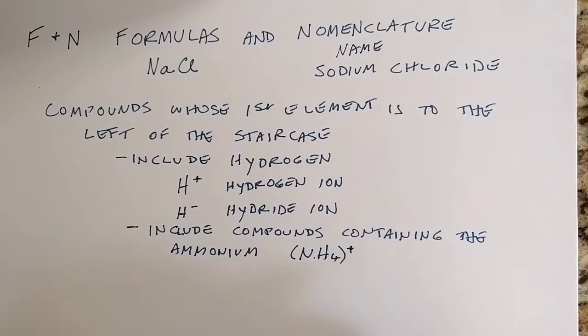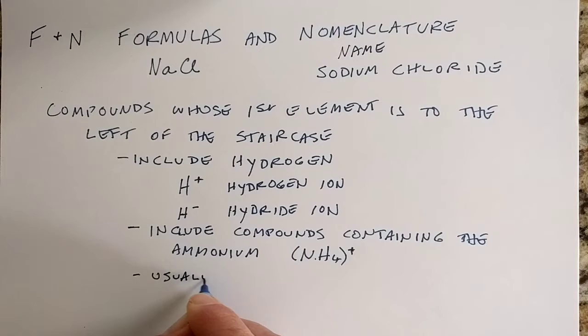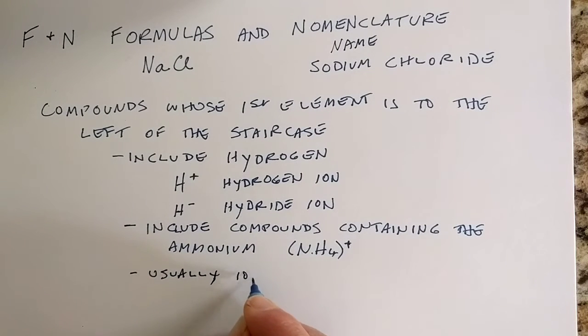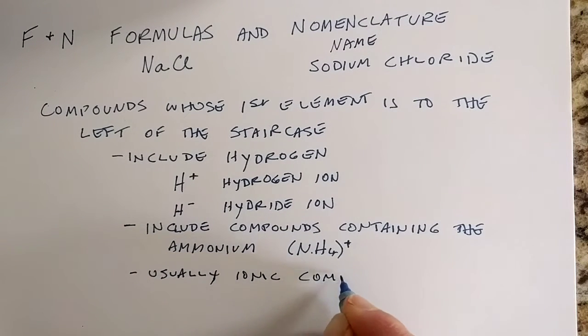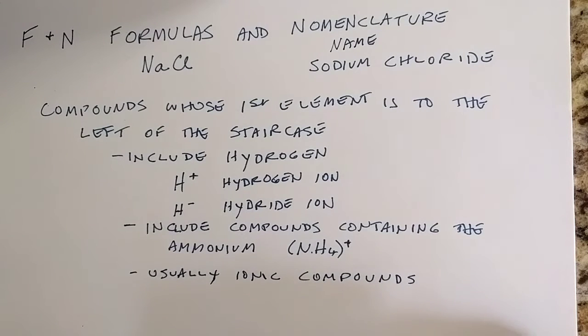So if our compound begins with NH4, even though nitrogen is to the right of the staircase, if the nitrogen is followed by 4 hydrogens, then we are going to include naming that compound with compounds whose first element is to the left. That is because these are usually ionic compounds. Ammonium is an ion, and it forms ionic compounds.